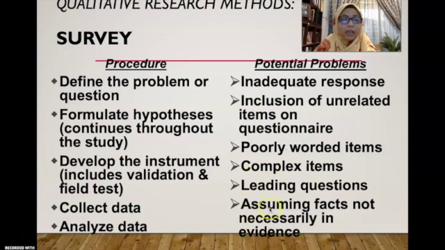You may have leading questions and assume facts not necessarily in evidence. So these are the potential problems that researchers usually face while doing survey research, either in quantitative as well as in qualitative research method. But particularly for qualitative research method, these are the potential problems that you may encounter.